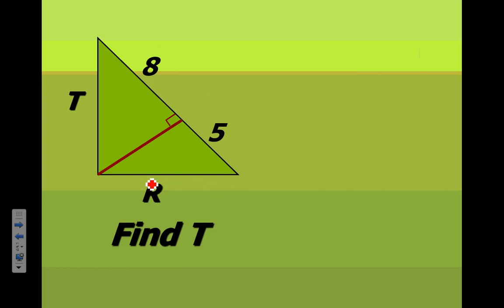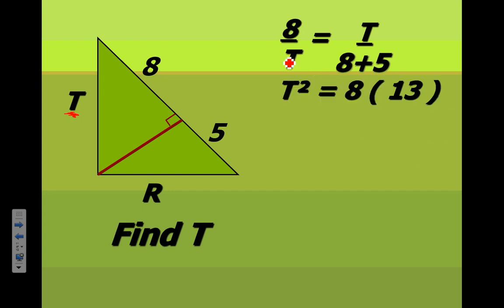Okay, if we need to find r and t, we say that t is the geometric mean of 8 and 13. So t is the geometric mean of 8 and 13.